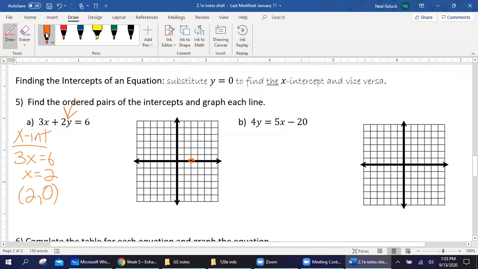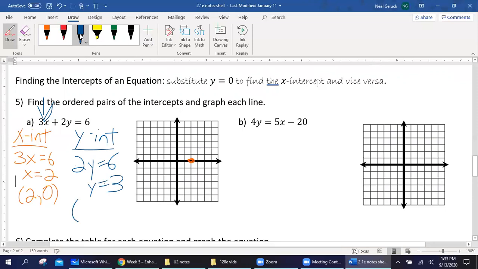So my x-intercept is 2, 0. I'm going to do the same thing for the y, except for the y, I'm going to plug in 0 for x. So if I plugged in 0 for x, the 3x is gone, and I've got 2y equals 6. The y is 3. Now remember, the coordinates there are 0 for x, 3 for y.